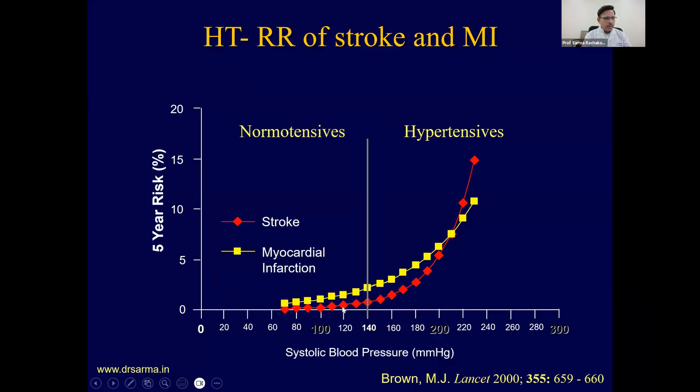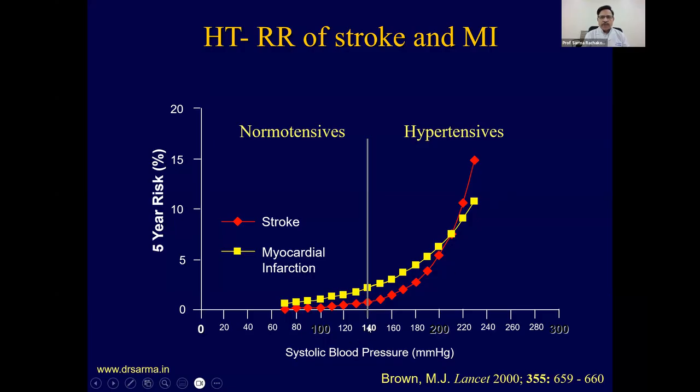But as the blood pressure increases, the risk of stroke as well as myocardial infarction both go up very steeply. It means the 5-year risk of stroke or myocardial infarction is very high once somebody crosses that 140 upper limit for systolic or 90 for diastolic. And beyond 200, the risk is very high.